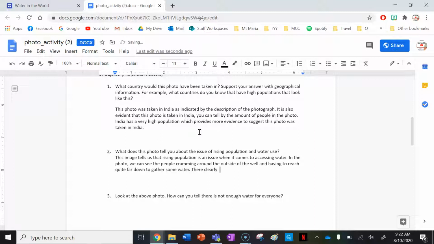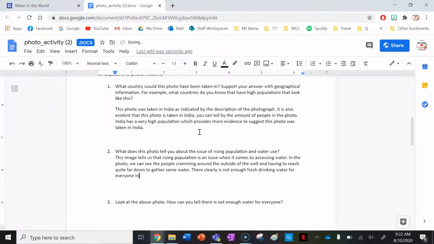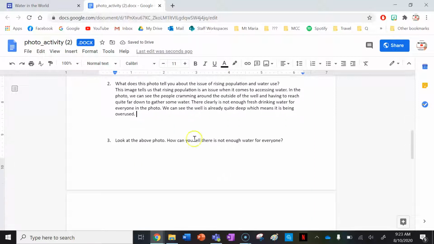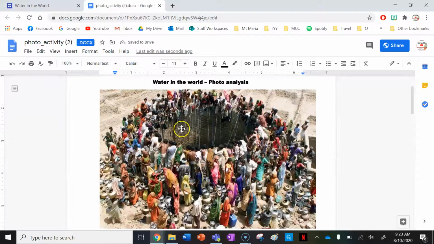There clearly is not enough fresh drinking water for everyone in the photo. I'll also say we can see the well is already quite deep, which means it is being overused. Fantastic. Right, look at the photo. How can you tell there's not enough water for everyone?